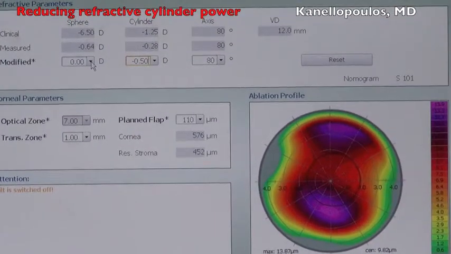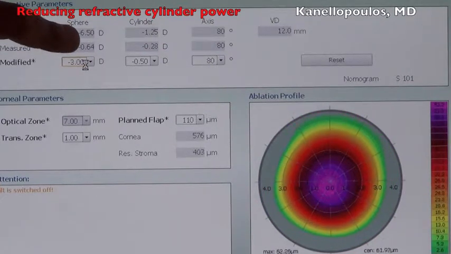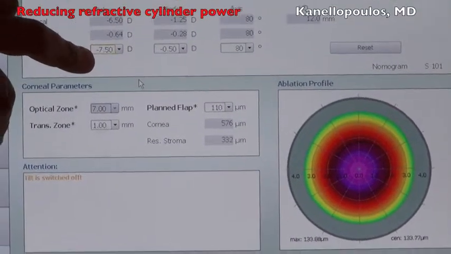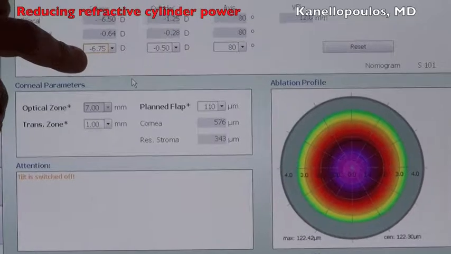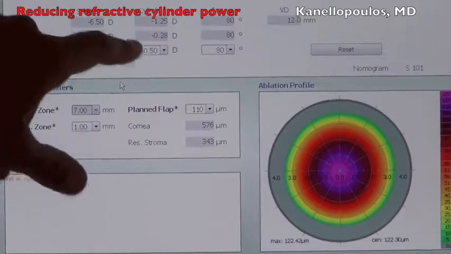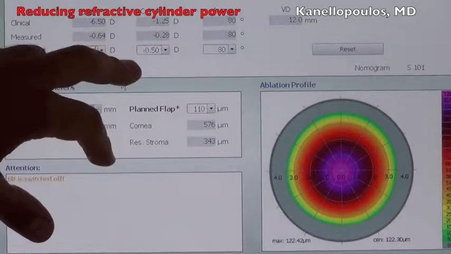So the sphere will go from 6.5 to 6.75. So instead of treating 6.5 sphere, we're going to treat 6.75, trying to work with a similar spherical equivalent of the clinical refraction, but obeying the topographic suggested data as far as amount of cylinder and axis.